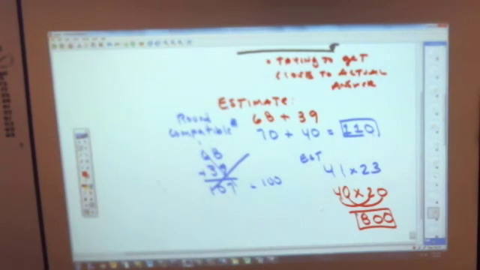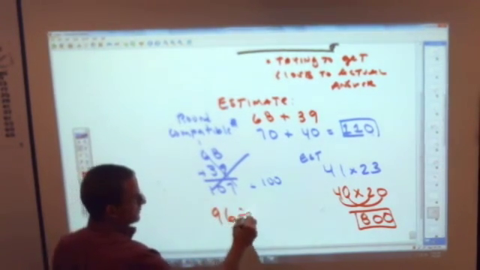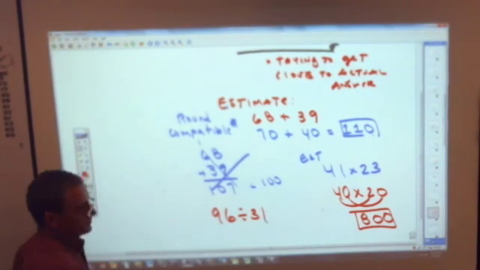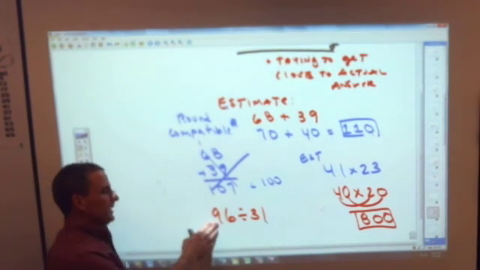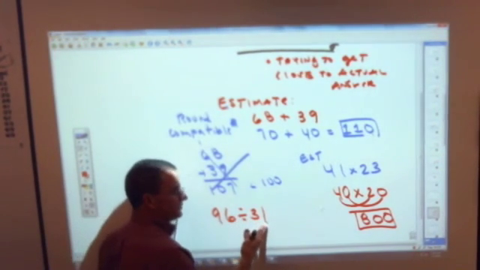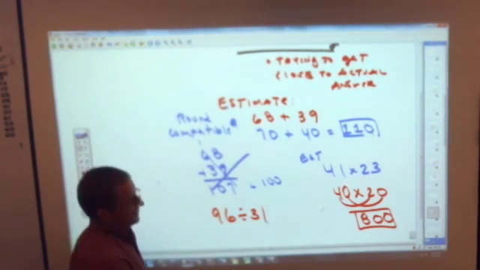What about this one? 96 divided by 31. Sometimes you have to look at what numbers would actually divide into this. Somebody might think, well, I'd make this 100 and this 30, but 100 divided by 30 is not really an easy thing to do. Instead of 96, there's kind of a 95?